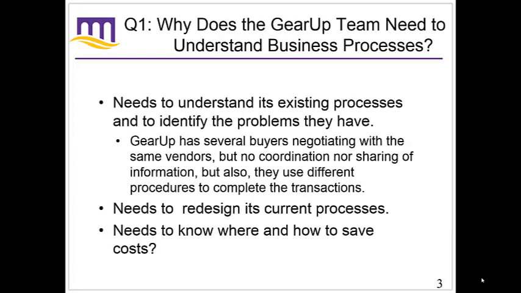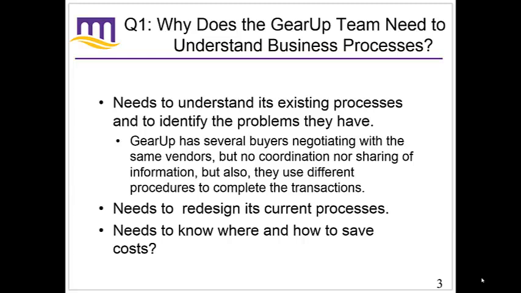Let's start with why does the GearUp team need to understand business processes? Well, first off, what we found was there might be a problem with their process and they don't know yet. Maybe it's with their vendor selection, maybe it's just with a particular vendor, maybe it's how they deal with the vendor when there's issues.